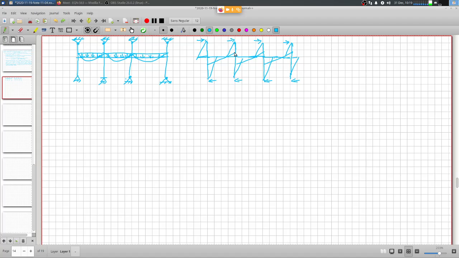First thing is, in case of monolithic construction, beam and slabs are cast together.